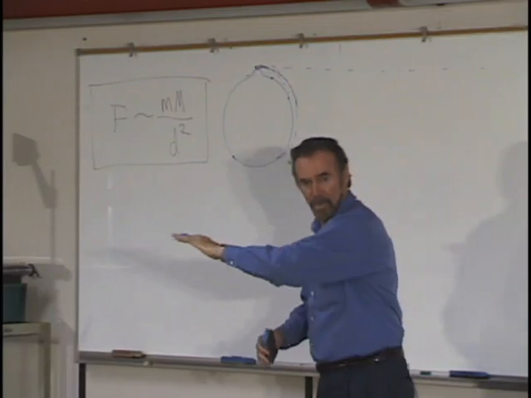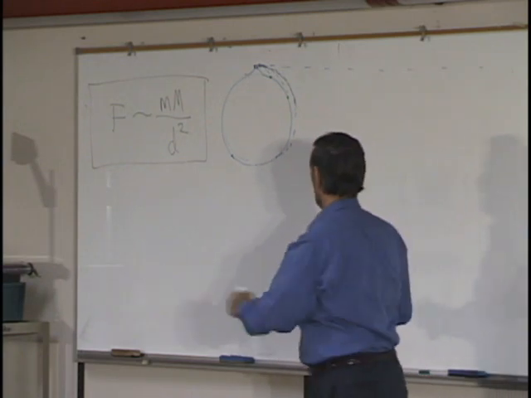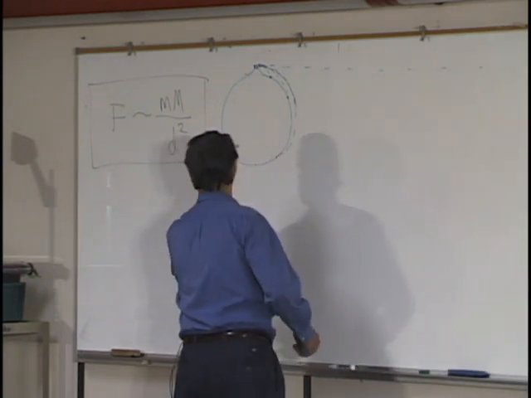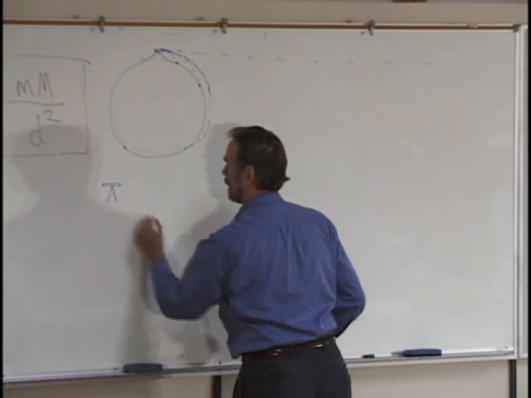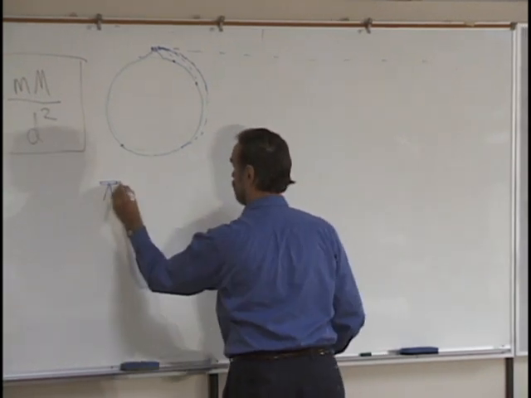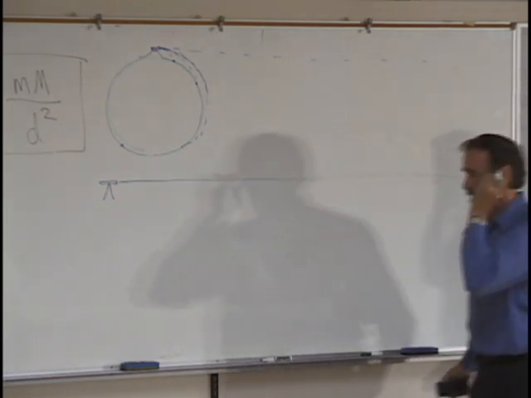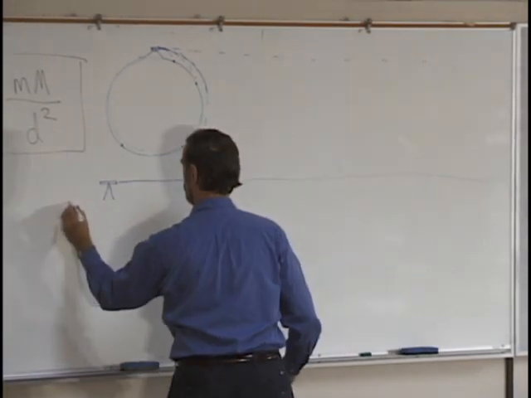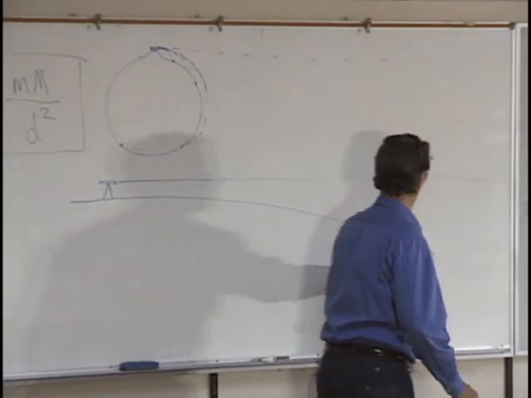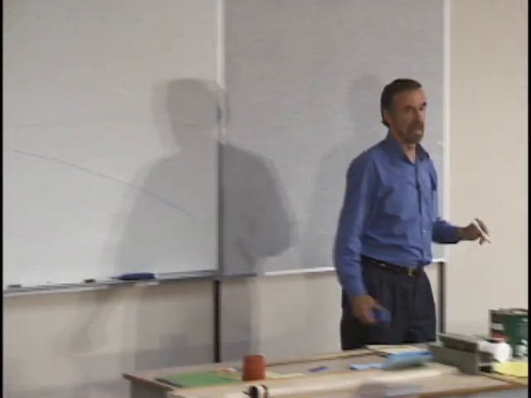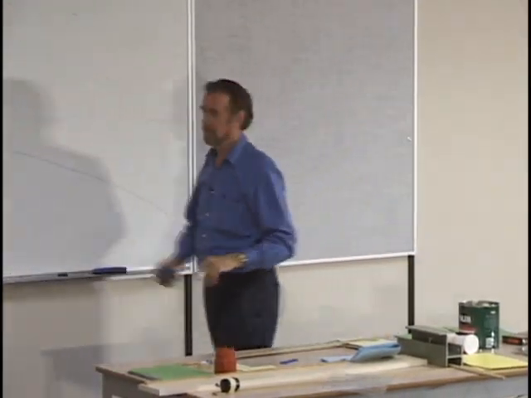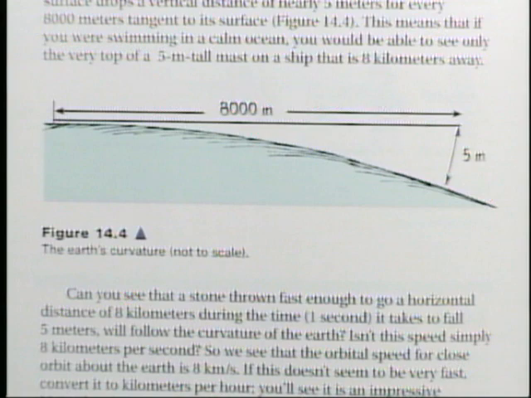In California, we have the Mojave Desert, very, very flat. You go in that desert, and you put up a laser, and you shine a laser beam across that desert floor. It goes out straight. But it turns out the Earth curves. And the curvature of the Earth we're on happens to curve a 5-meter drop for every 8,000 meters you go out.